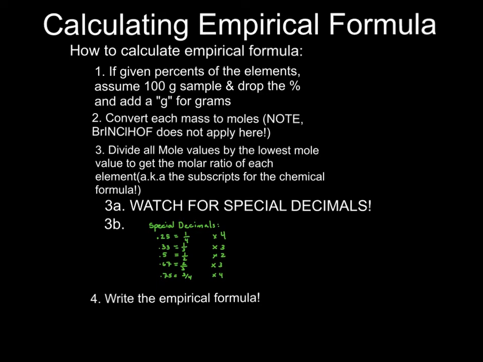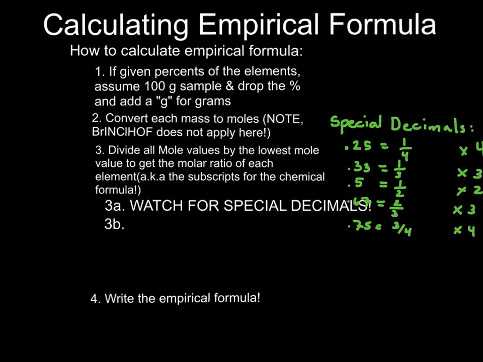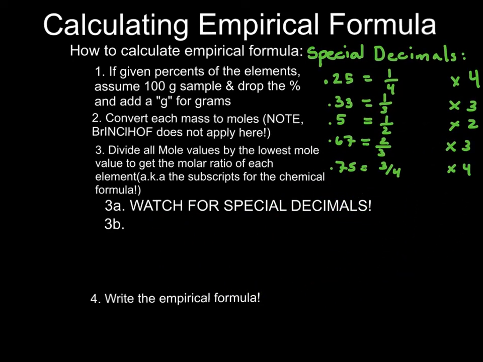We may run into an issue where we have something like a 1/4 or a third or a half or 2/3 or 3/4. If we see any one of these special decimals right here, we have to multiply all of the ratios by 4, 3, or 2.